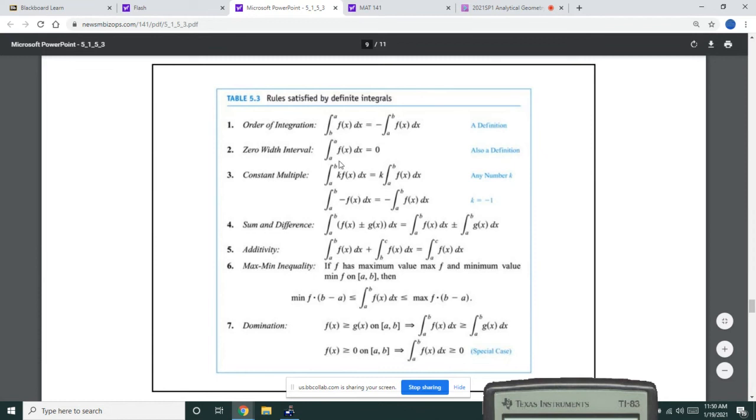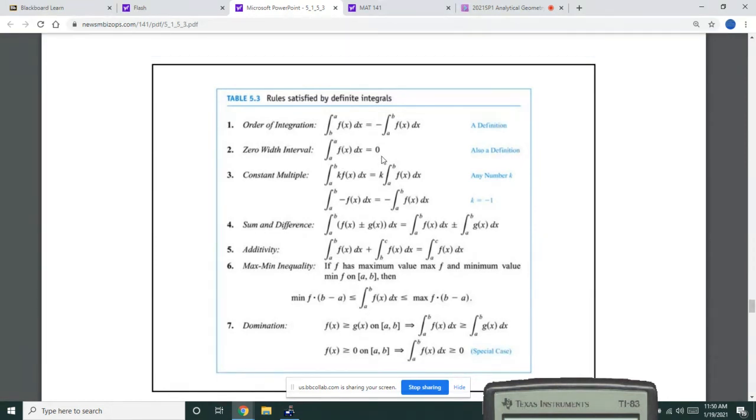It says that the integral from a to a of f of x dx is equal to 0. So notice that if my upper limit and my lower limit are exactly the same, I have no width for my rectangle. Then that's a zero width interval, and the value of that integral is 0.